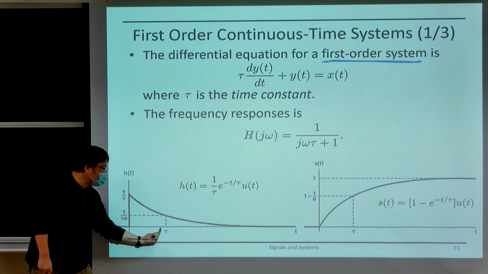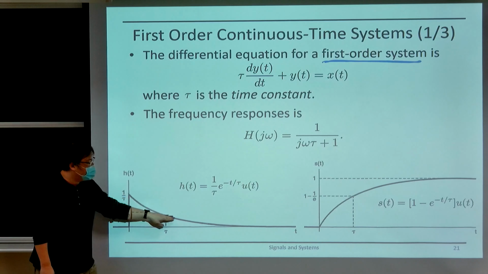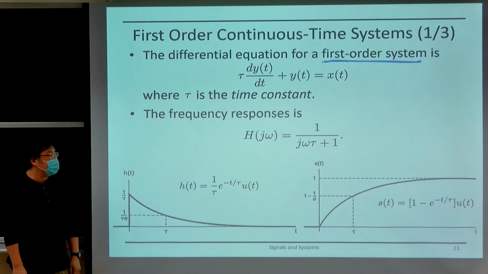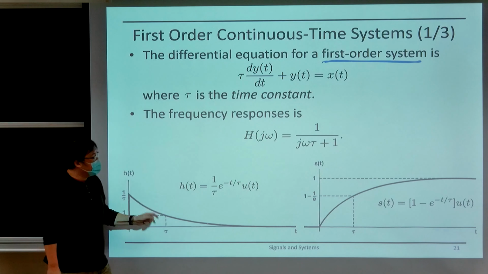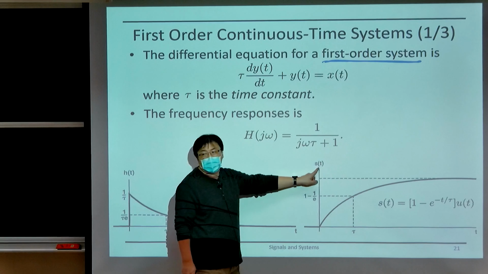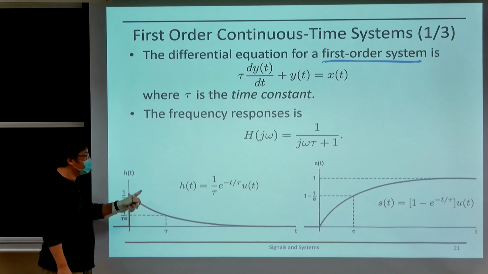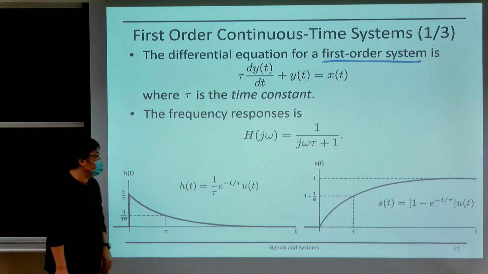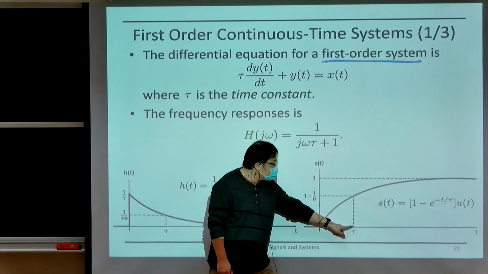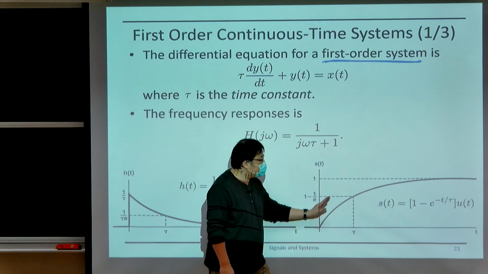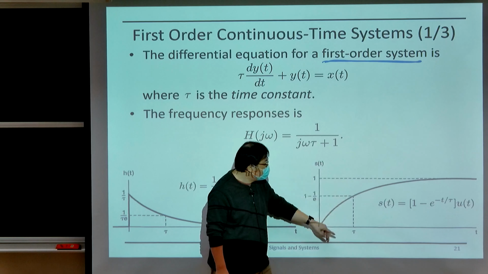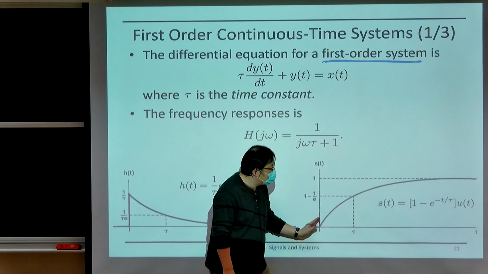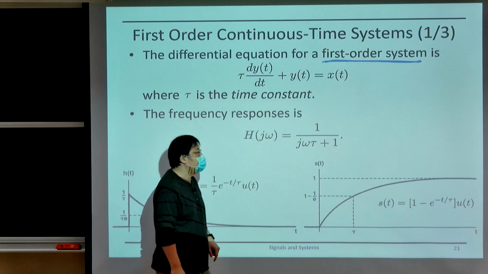Whereas if tau is larger, this decays much slower. Now you can also observe this in the step response. The step response is just the integral of the impulse response. You can see that if tau is smaller, then the rise time is shorter, whereas if tau is larger, the rise time is slower.